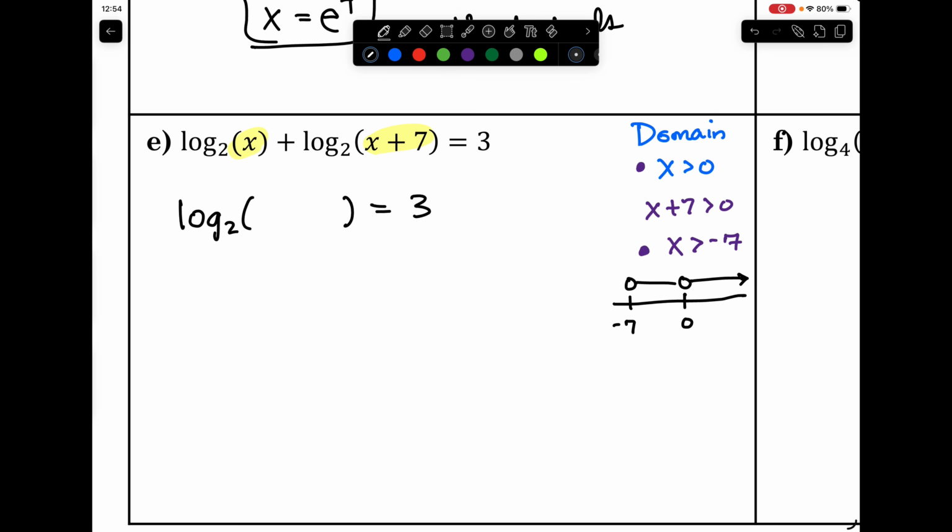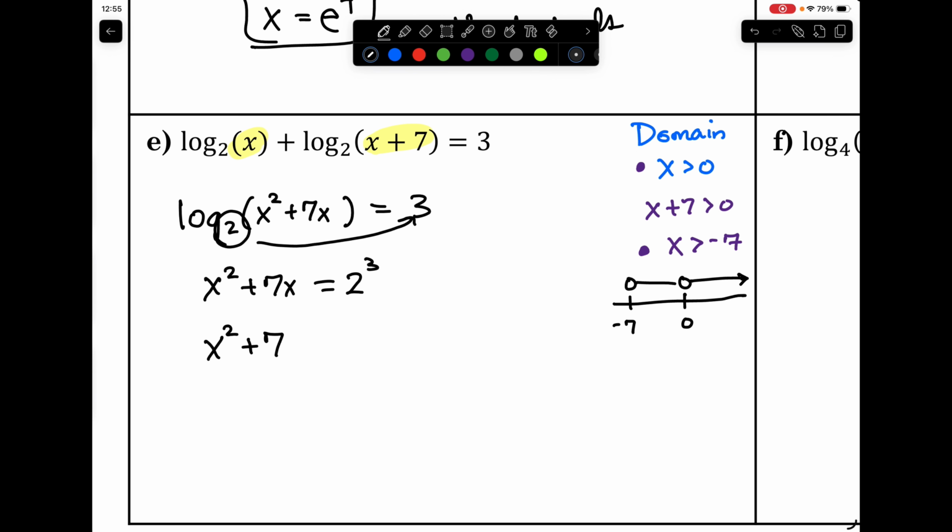So x times x plus 7 is going to be x squared plus 7x. And now that I have my format that I want, I have my log by itself, and it equals a constant, I can get this value here and set it equal to this base of 2 raised to this power of 3. So x squared plus 7x equals a total of 248.